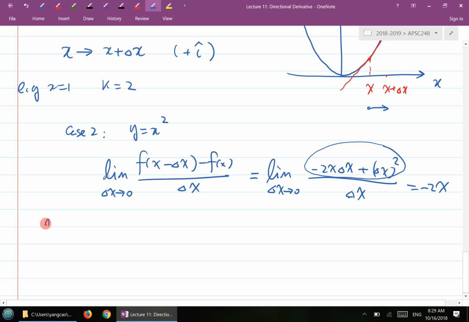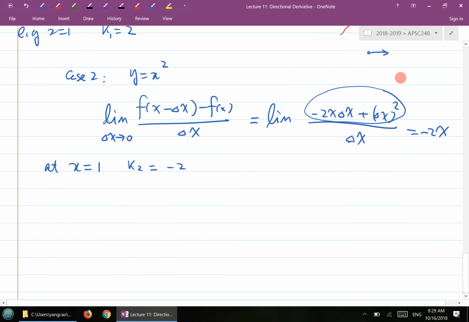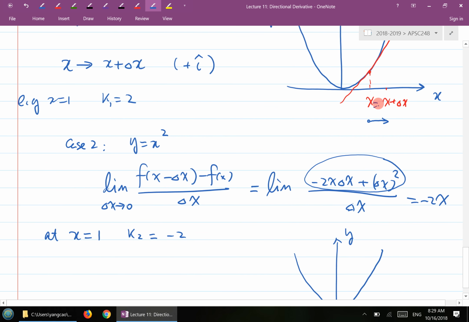So now what this means is if x equals 1, then if this is k1 here, this slope becomes negative 2. Right? So you see, I'm not changing the function, it's the same function, y equal to x squared. If I plot this out, it's the same curve, and we're talking about the same point, for example, at x equal to 1.